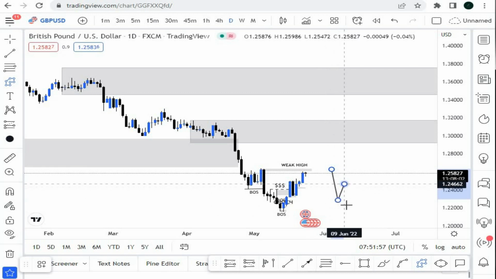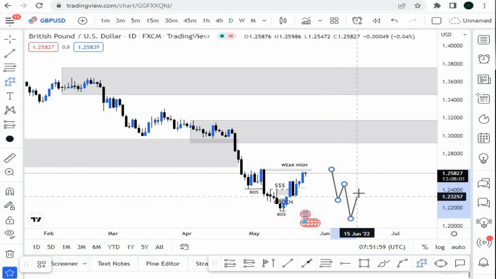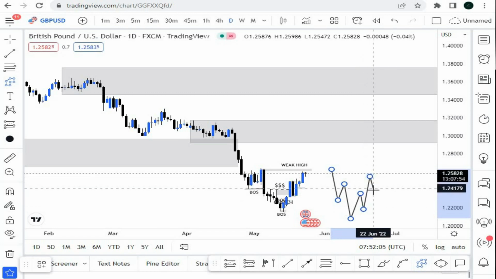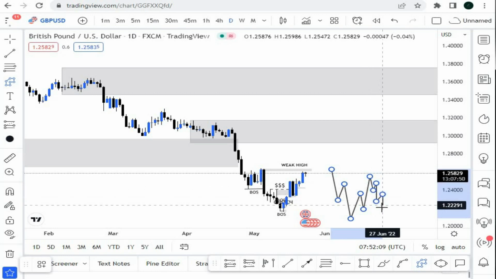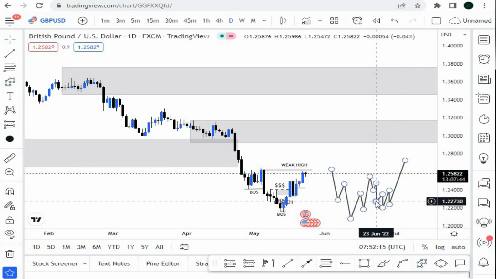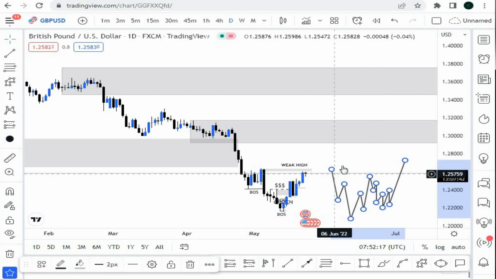Now, as you can see, we had a rejection, right? You expect the price to check out this zone and then a correction, then a change of character, and then continue looking forward for our longs, something like this, guys, right there.